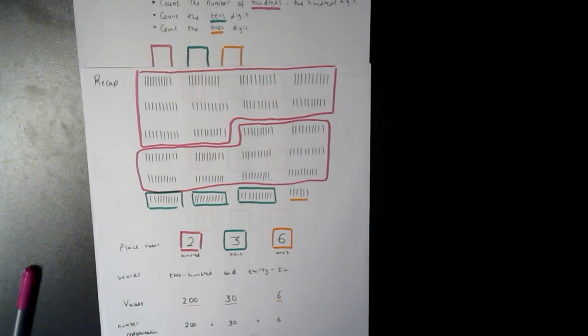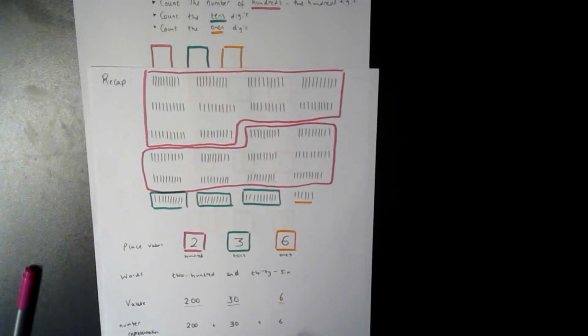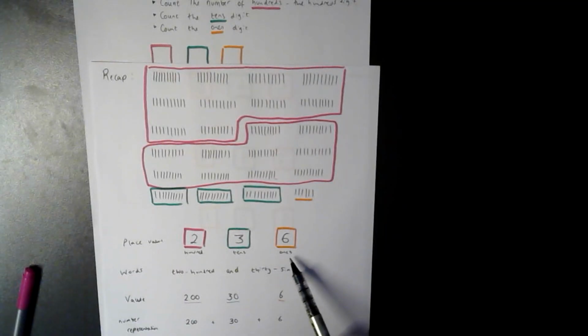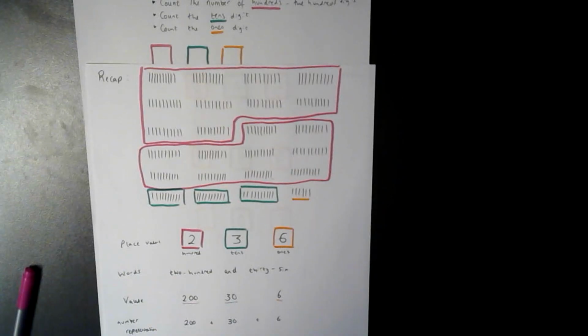Or this could be the decomposition. So we could say 236 can be decomposed as 200 plus 30 plus 6. Okay, so that's looking at the type of thing we explored during the last video.